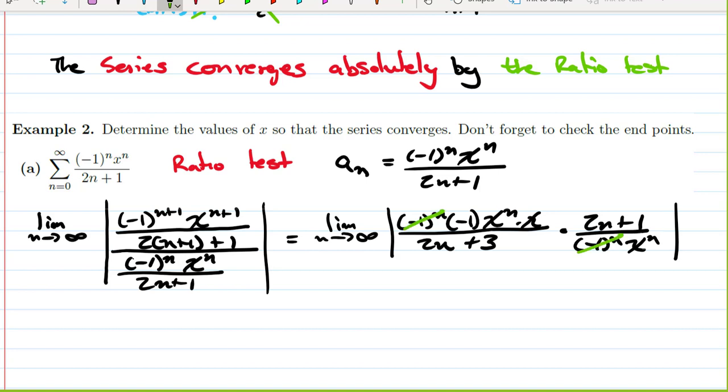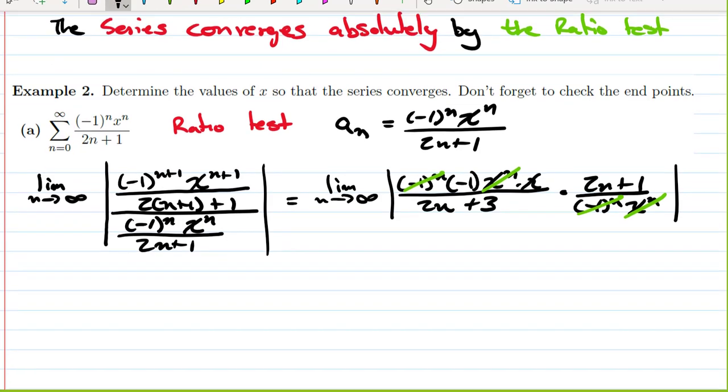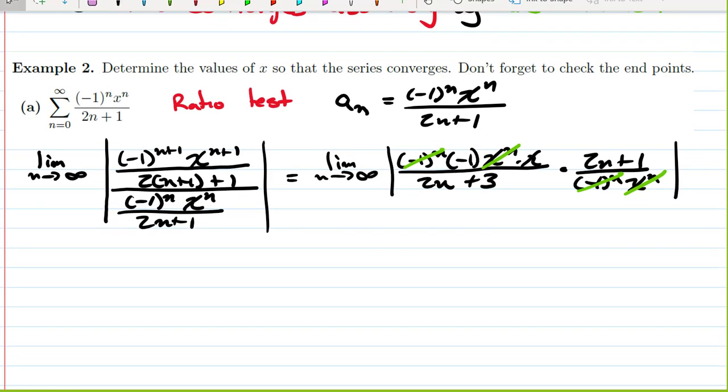Those guys reduce out, my x to the n's reduce out, and the absolute value of a factor of negative 1 is going to be positive 1 by absolute value. So multiplying by a positive 1 isn't going to change anything.